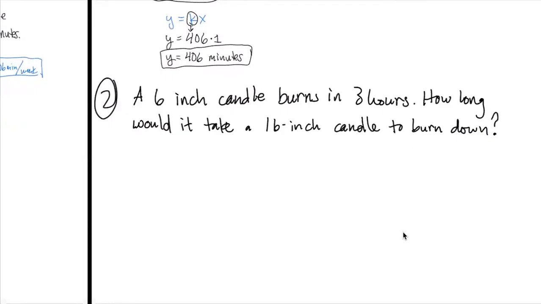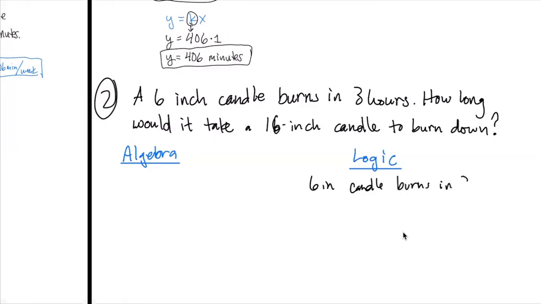All right, so we're going to do this again in two ways. We're going to do this one with algebra, and this one we'll just call logic. Let's do the logic one first. I like to start with logic. So a 6-inch candle burns in 3 hours.